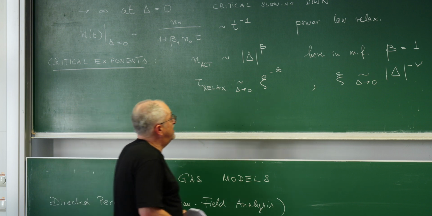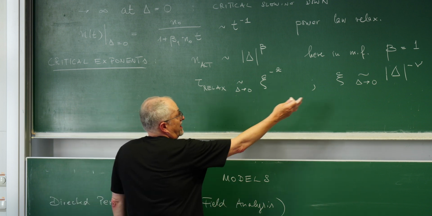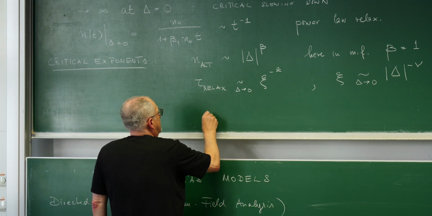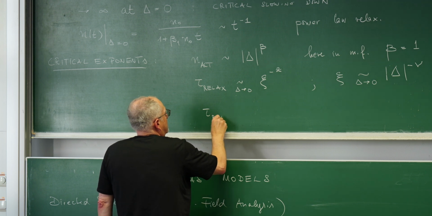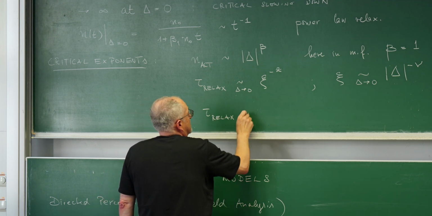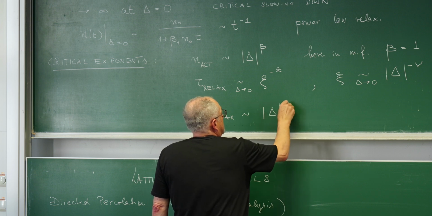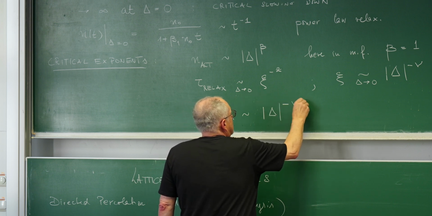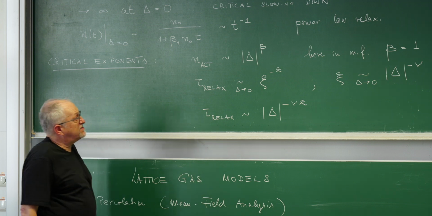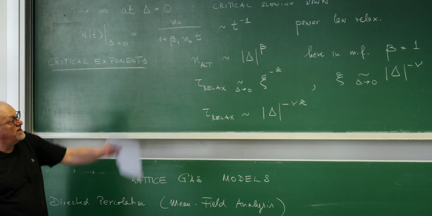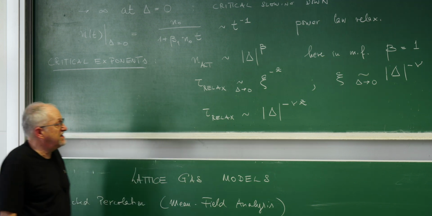Okay, so here we can insert that. Then you would have T relax proportional to delta to the minus nu z. And that's what we already calculated. We have T relax equal to 1 over delta.